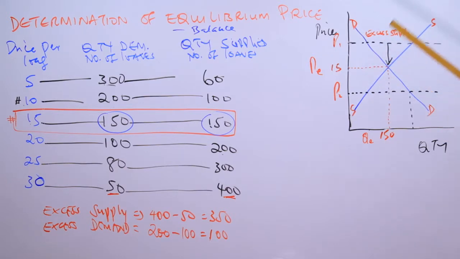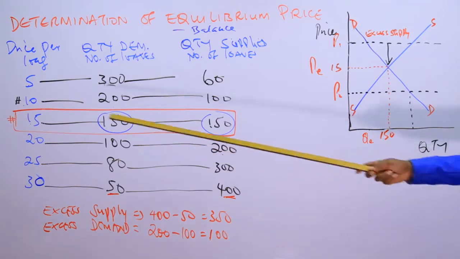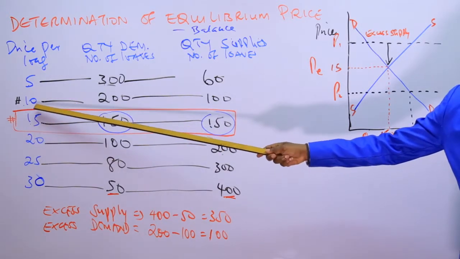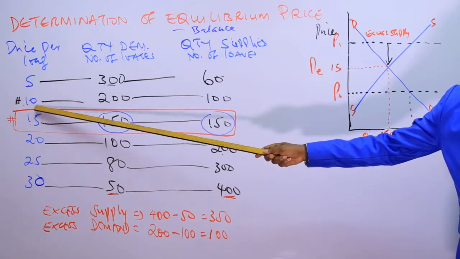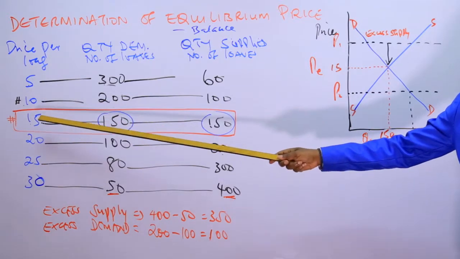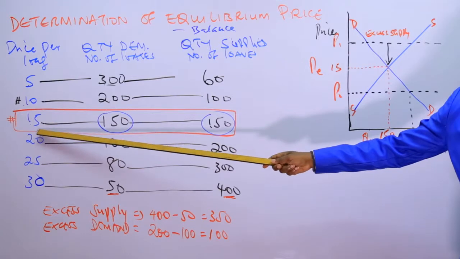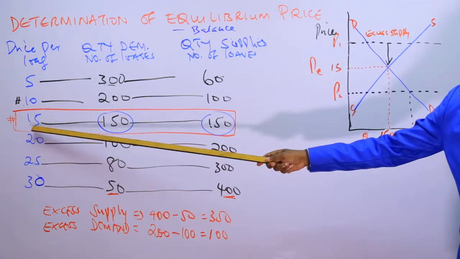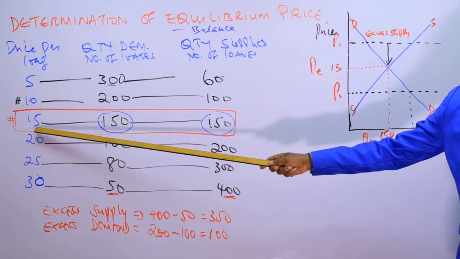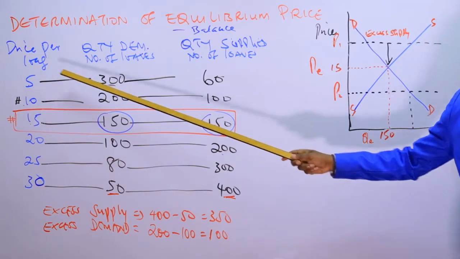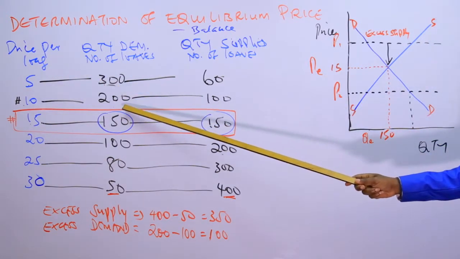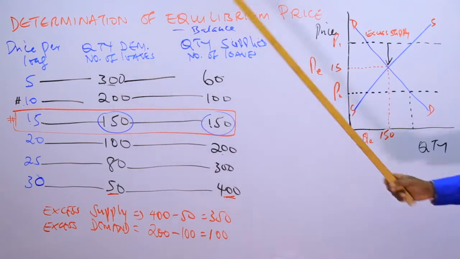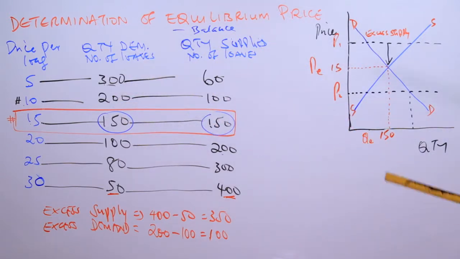If you reduce price beyond equilibrium, as even shown here, you can see any price below the equilibrium price, the demand is in excess when this price is at P2, okay?